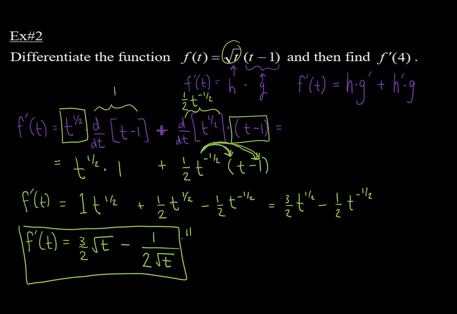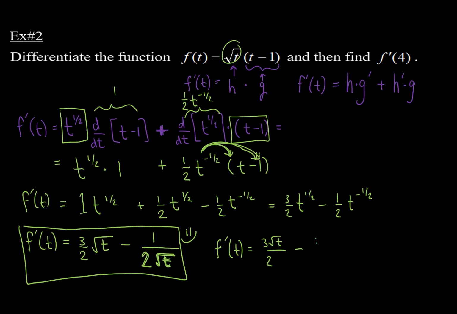I can write my answer like this, unless I want to write it as one full fraction. And I can do that by multiplying by the LCD, building that up. And the LCD is going to be this 2 square roots of t. If I were to do that, I would have this 3 square roots of t over 2.